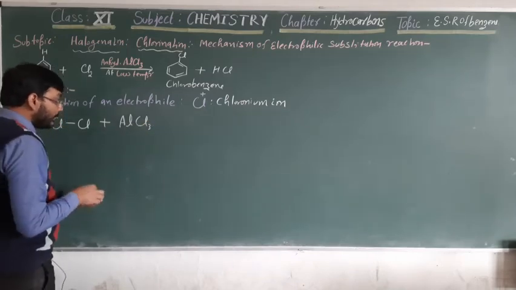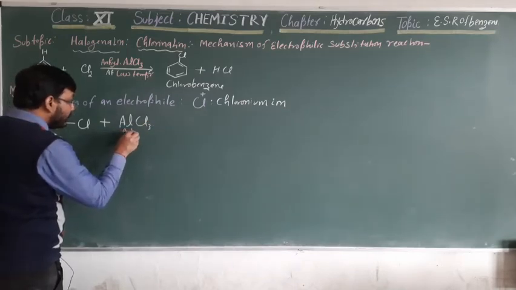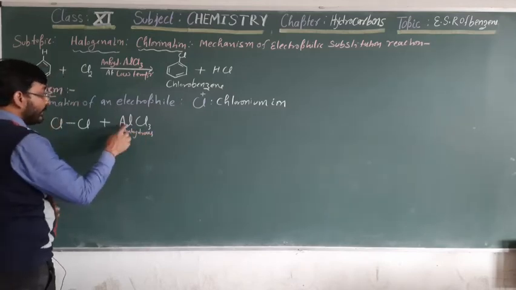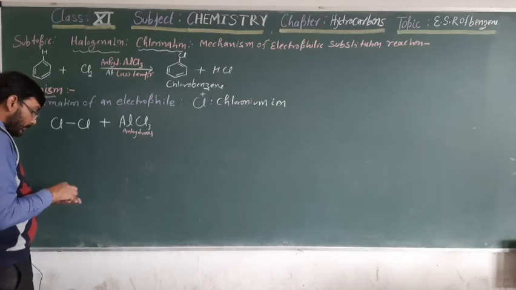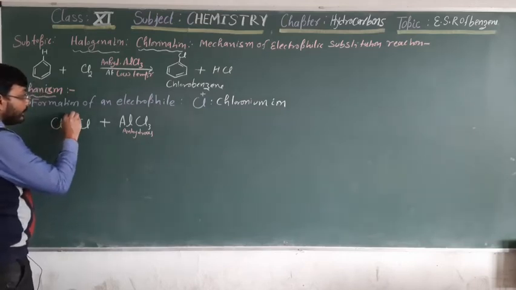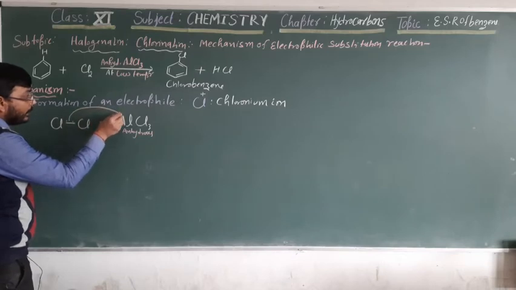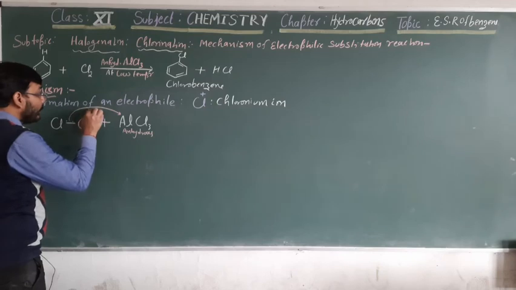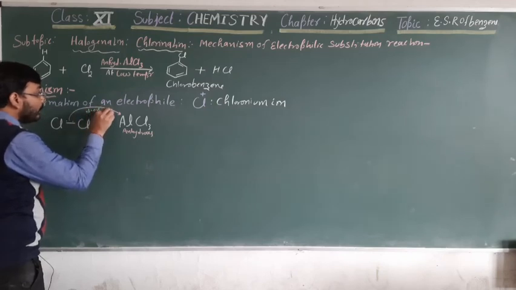This is anhydrous. Now aluminum has a vacant d orbital, so this bonded electron will migrate into the d orbital of aluminum.